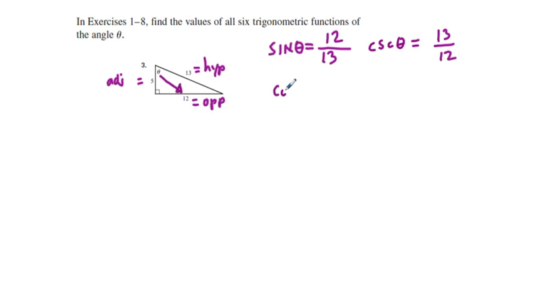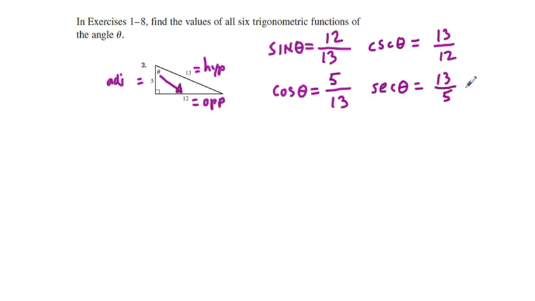Next, cosine theta is going to be equal to adjacent over hypotenuse, and our adjacent side is 5, and our hypotenuse again is 13. And our secant theta is the reciprocal of cosine theta, which is going to be 13/5.